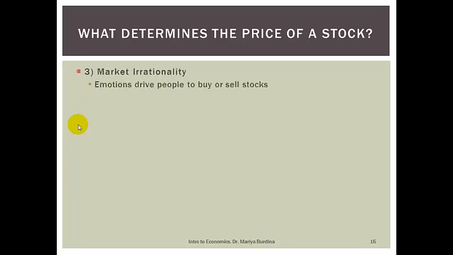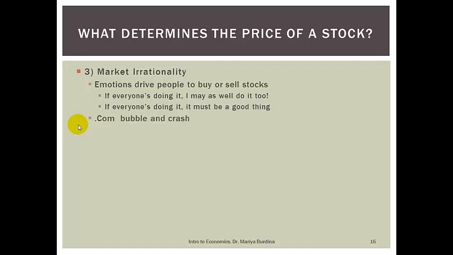Finally, market irrationality is going to go into the determination of the price of stocks. Emotions drive people to buy or sell stocks. If everyone's doing it, I might as well do it. If everyone's doing it, it must be a good thing. So a lot of times we are artificially driving the prices of stocks either up or down. For example, we saw that with the dot-com bubble and crash.